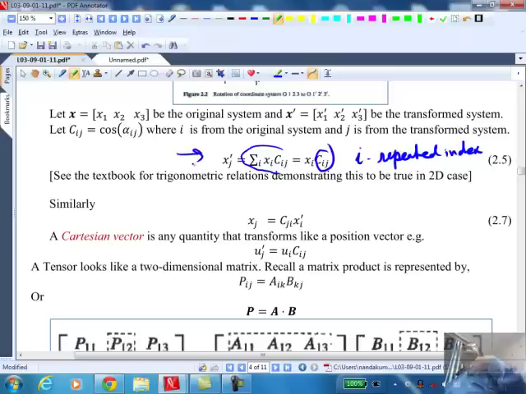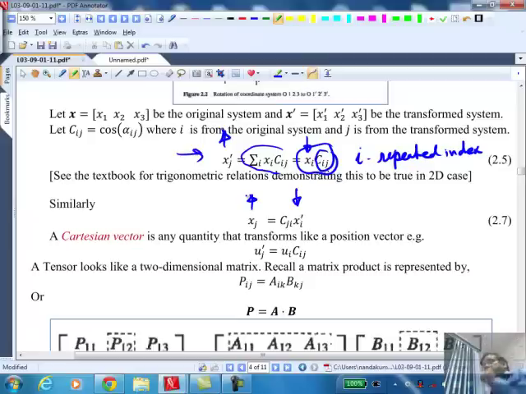That is, you give me x prime, can I give x back to you? So if you give me x, I can carry out this multiplication and the summation, and give you the values in the new coordinate. But you can also give me the values in the new coordinate, and I can give it back to you in the old coordinate, because it's basically the inverse relationship.